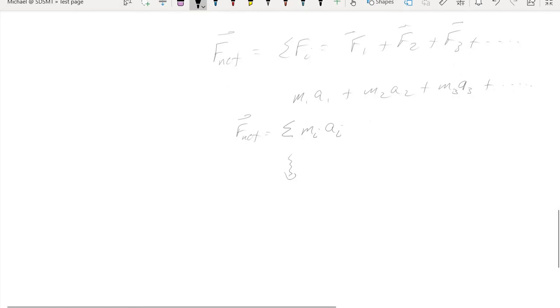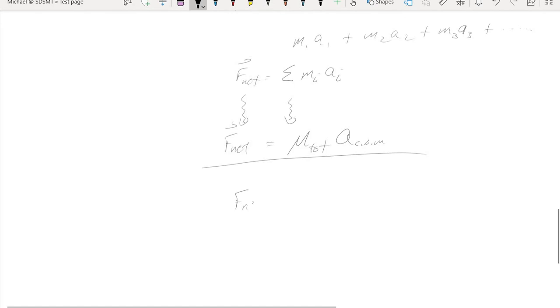Or could we just as easily take the total mass of the system and combine it with the center of mass acceleration and call that good as well? And the answer is yes, we can.